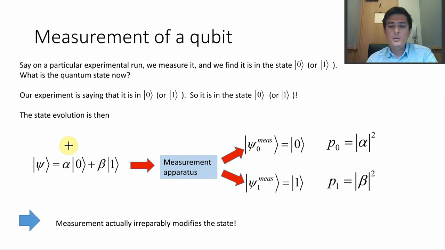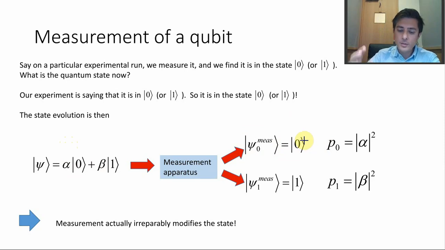And so actually, what happens is that after you measure the state, and say you get this outcome of 0, then of course the state is actually in this state 0. So what your experiment is telling you is true.